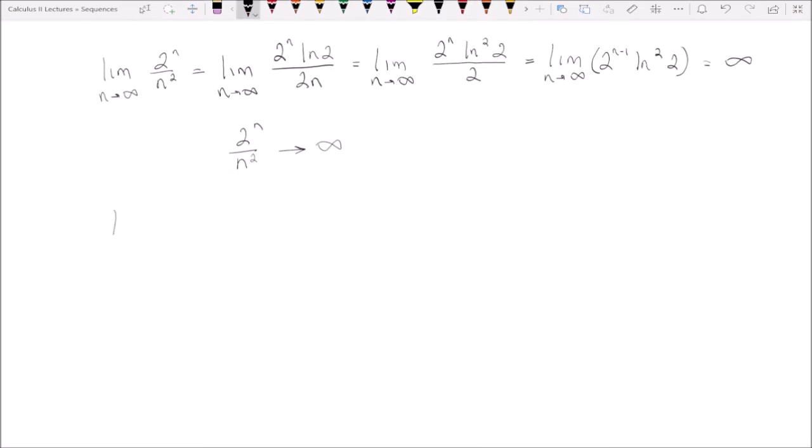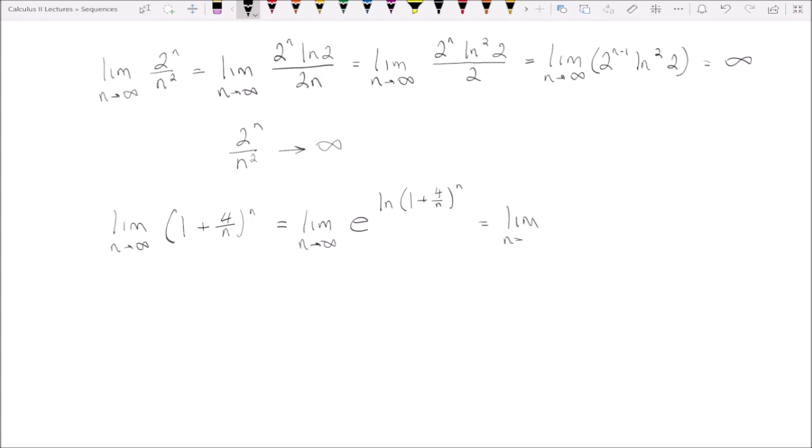Finally, let's take a look at the limit as n goes to infinity of 1 plus 4 over n all raised to the nth power. What we can do is rewrite this as e to the natural log of 1 plus 4 over n to the nth power.